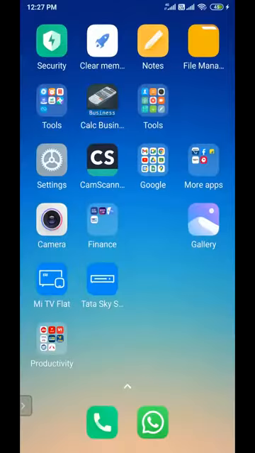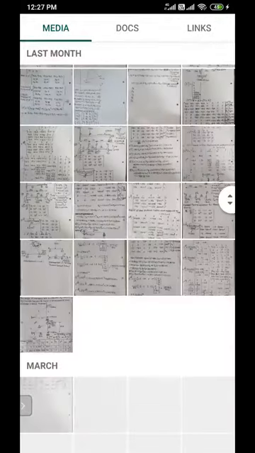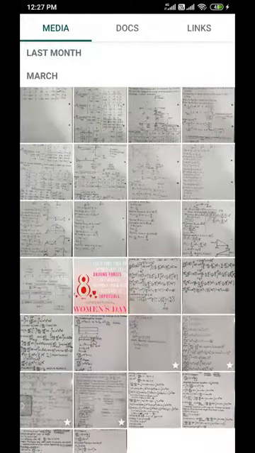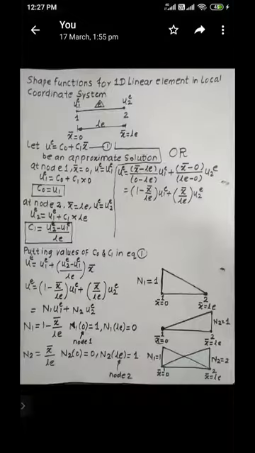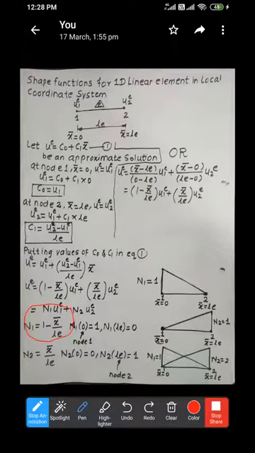Let me go back and show you that we have derived those. Since there are two nodes, there will be two shape functions: N1 is x bar by LE, and the second is also in terms of x bar by LE.